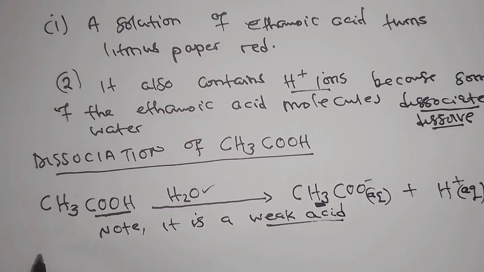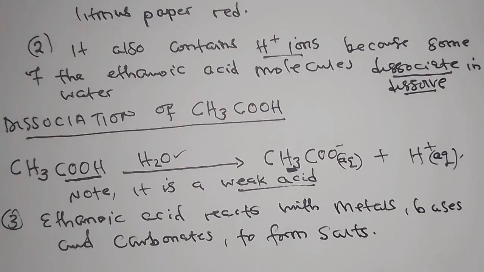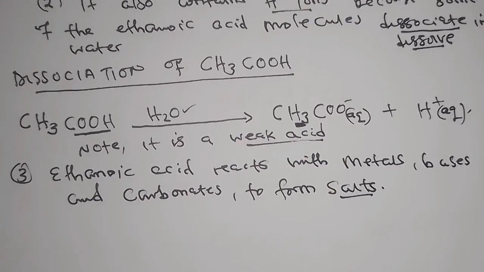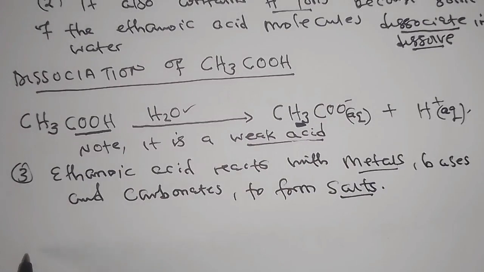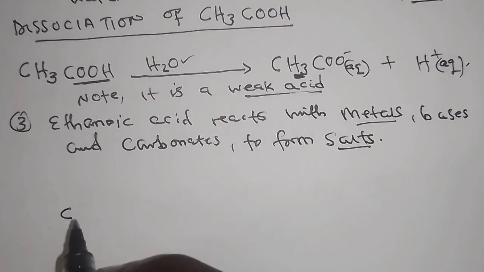Now the other interesting part is that ethanoic acid reacts with metals, bases, and carbonates to form salts. So let us look at the simplest one, where ethanoic acid reacts with, let's say, under metals, we pick sodium.